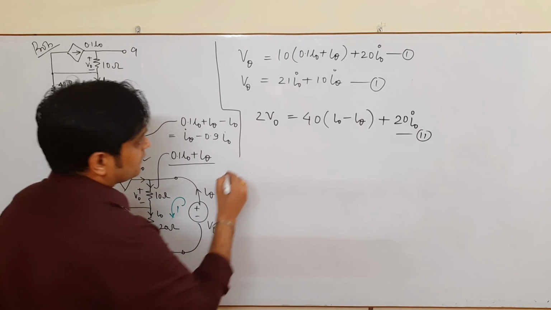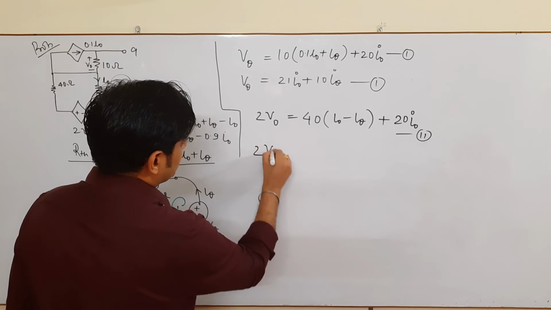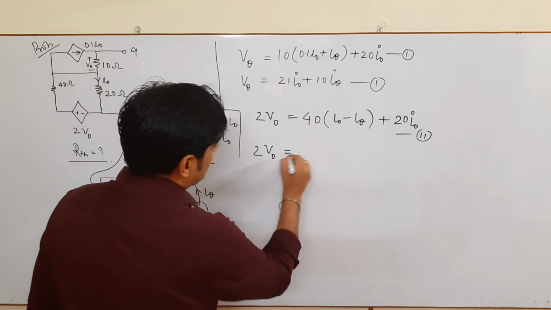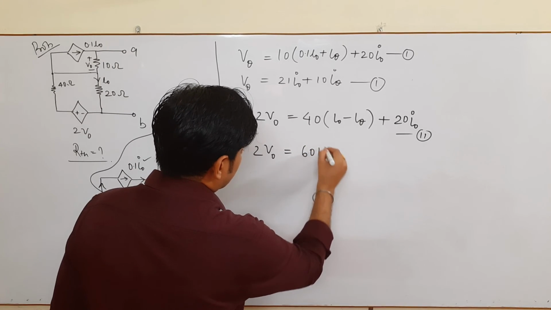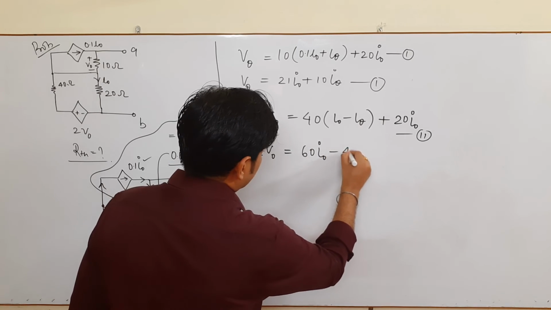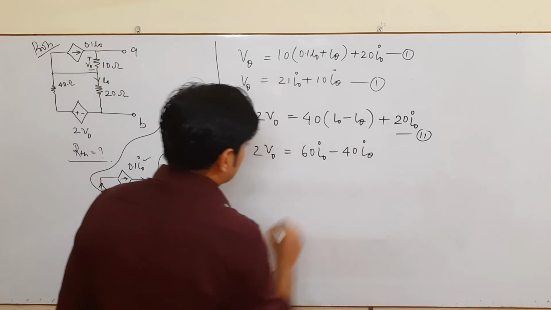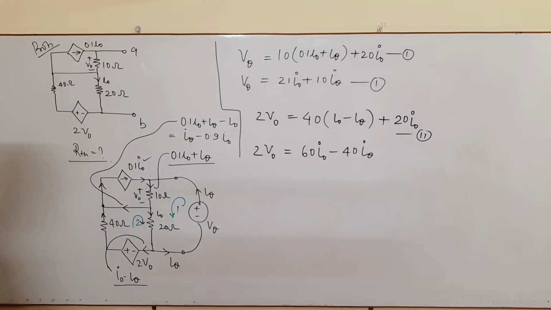Now we will solve this equation also. So it comes to be 2 V naught is equal to 40 minus 20, that is 60 I naught minus 40 I theta. Once again, 2 V naught is 40 of I naught minus I theta plus 20 I naught.